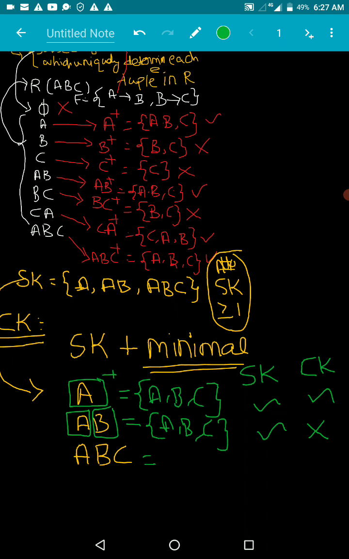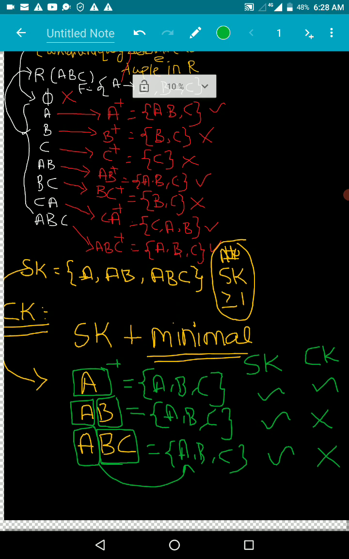As well as, if I remove the BC attributes, the attribute A alone determines all other attributes. Therefore, ABC is a super key, but ABC is not a candidate key.